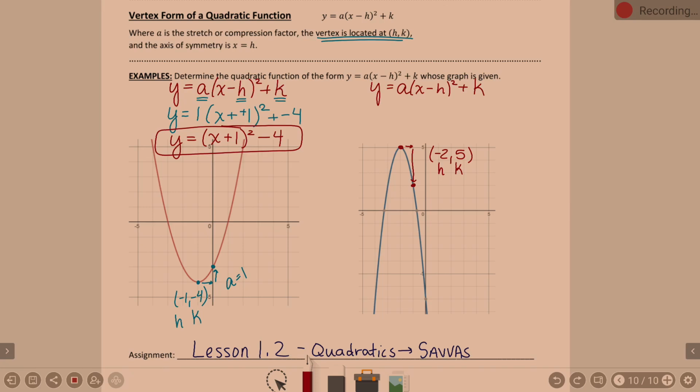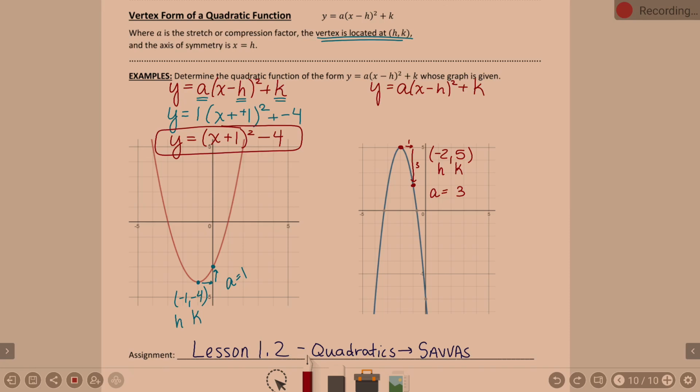The fact that it is over 1 and down 3 tells me, so normally we go over 1 and it would be down 1, yes? Since this went 3, that's a multiple of 3. And so since it went over 1 down 3, my A value, or my stretch, is going to be a factor of 3. Because we're going down, it's negative.